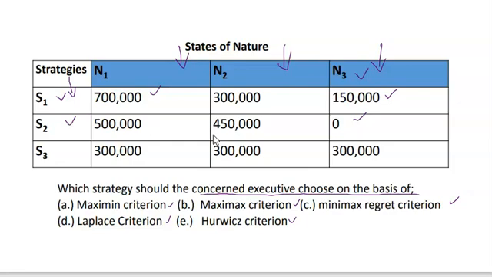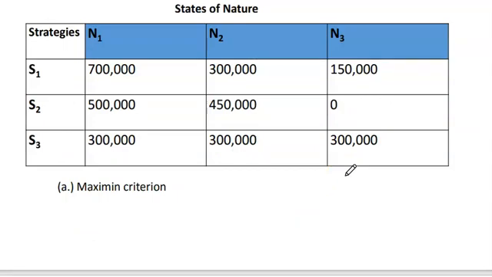At this point, you want to make the decision and advise the concerned executive on the best alternative to choose, the best strategy to adopt, using each of these criteria, A to E. How do we go about it? We have decided to bring them out one after the other, each criterion, to explain how we go about it.